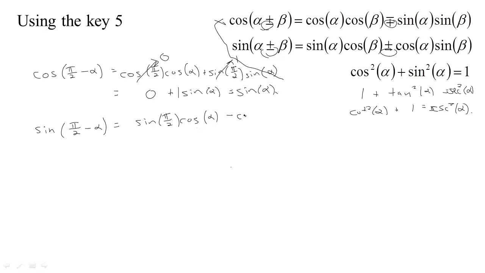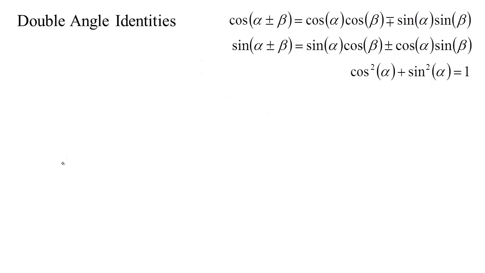So minus the cosine of the first, which is pi halves, times the sine of the second, which is alpha. But the cosine of pi halves is 0, and the sine of pi halves is 1. So we get that other cofunction identity, cosine alpha. So that's one illustration of why these key 5 can lead to all the identities that you need.